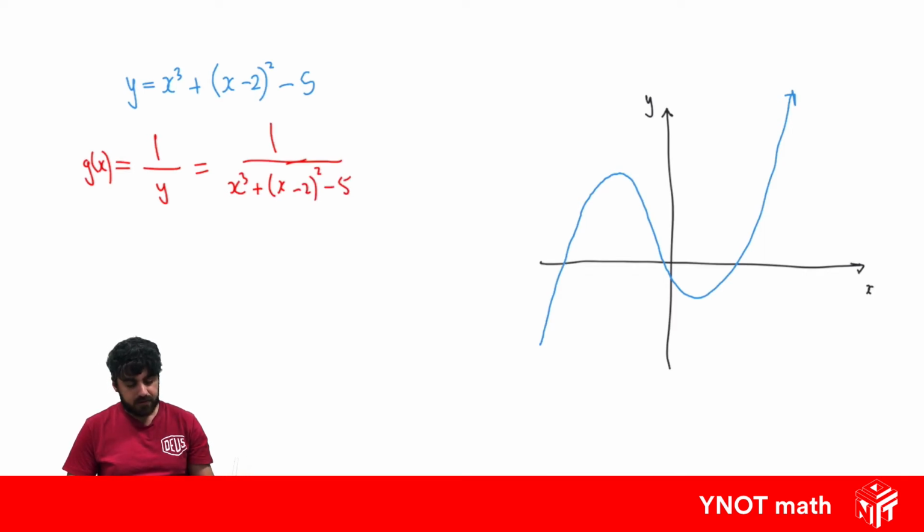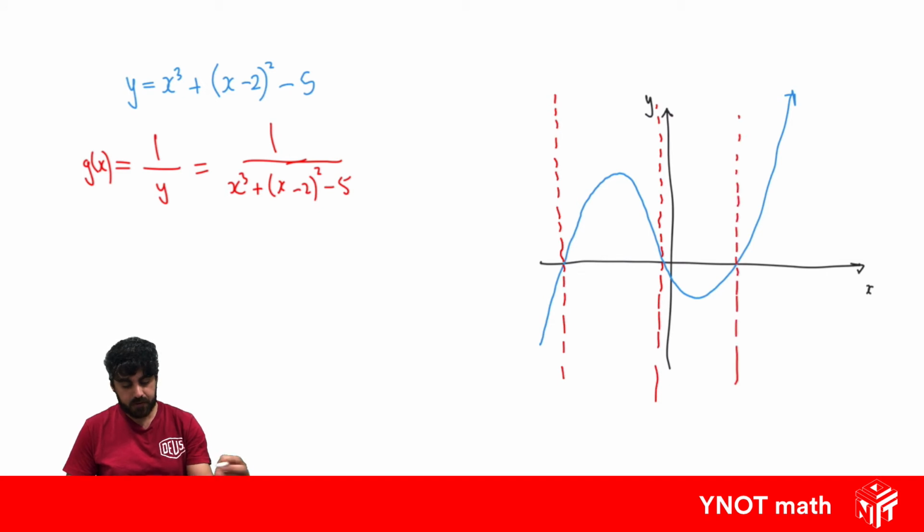Now again, we sketch this looking at key values of y, and whenever y is equal to 0, we have a vertical asymptote. So let's go ahead and draw those in, because we get 1 divided by 0, which just can't happen. And now we need to look at what happens with each of these sections. So let's start over here.